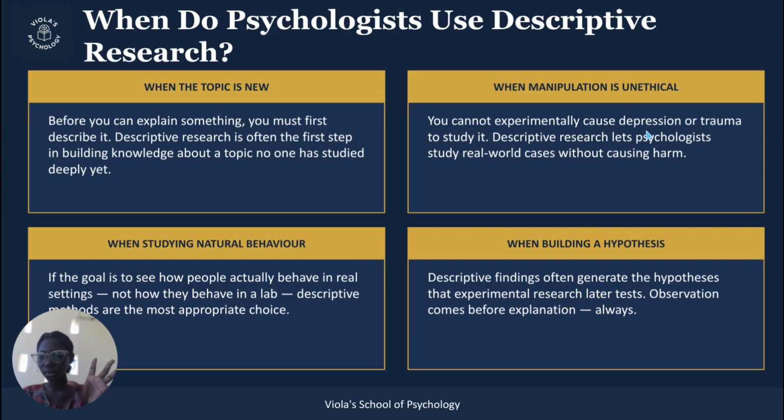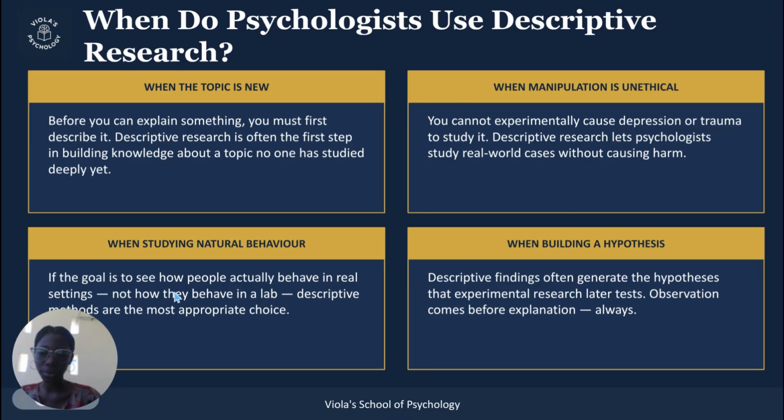These methods help the researcher to get information or to study real conditions, to observe them as they are happening without causing harm. All right. So that is one situation you can use descriptive research.